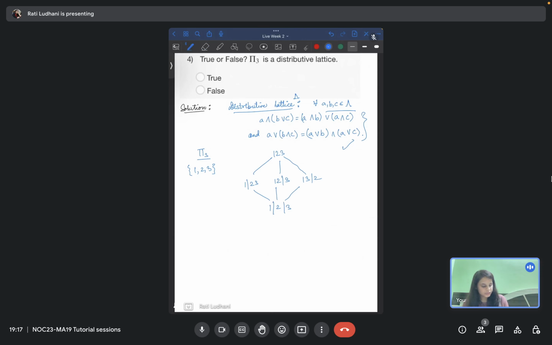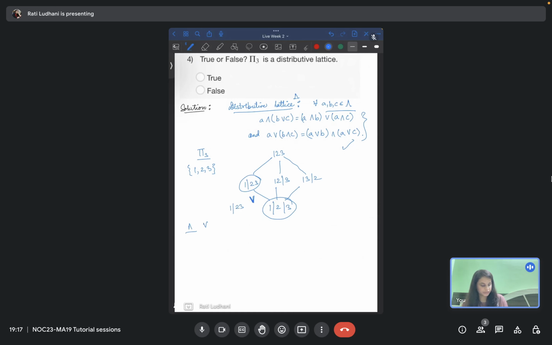So you will get used to this meet and join, I hope. For example, tell me, if you take these two elements, what will be the join of these two elements? One bar two three.